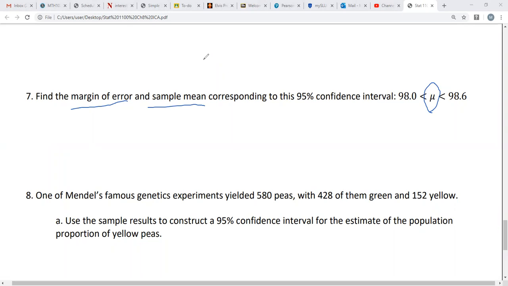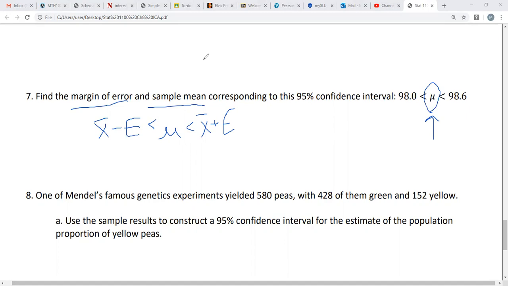Remember what we're doing in a confidence interval is we're saying x bar minus some margin of error and x bar plus some margin of error. We know then that this value of mu is directly between that range, or on the inside of that range, right in the middle.